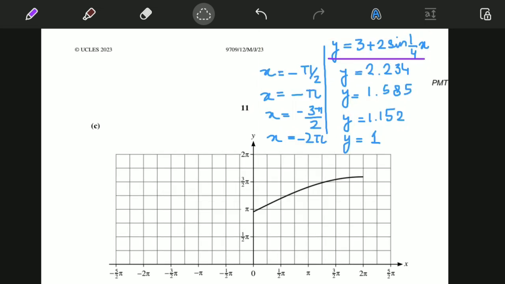Okay, now we have the values of y in points, and here we have the values of x in pi, so we'll change this as well. Like we'll write the decimal values, so that we can plot the x and y coordinates.